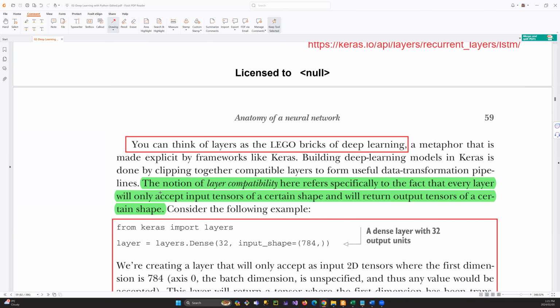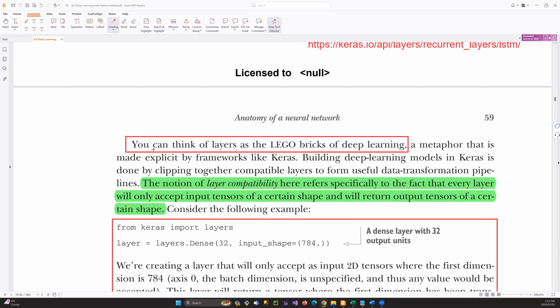And this is an important thing that we need to consider, that whenever we stack the layers, we do not need to take care of the input of each layer, because automatically the network would assign the number of outputs of the previous layer as the input of the current layer.